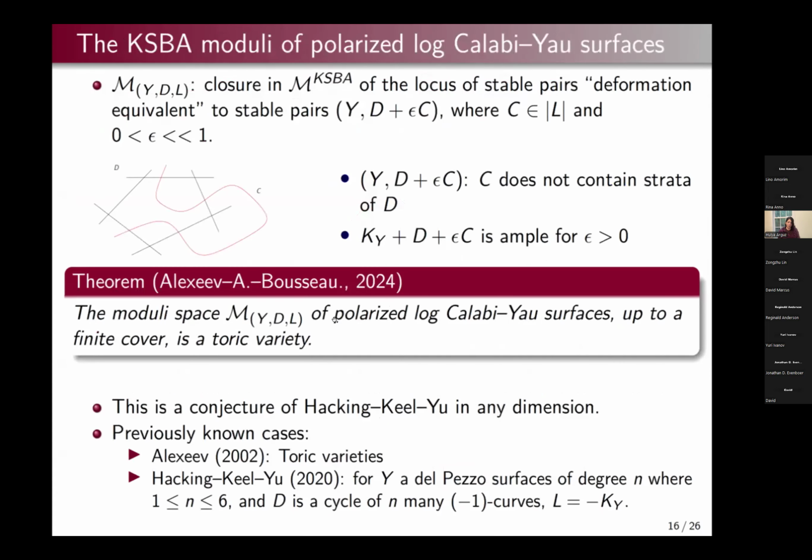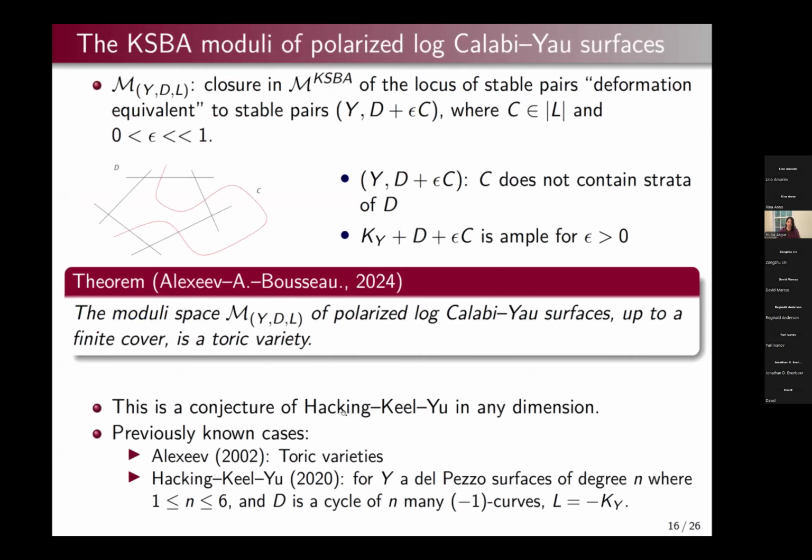So the moduli space for local Calabi–Yau surfaces, analogously to the toric setup, is defined as the locus of stable pairs which are deformation equivalent to (Y, D + εC) as before. And in our work with Valery Alexeev and Kollár, Shepherd-Barron, we show that this moduli space, up to a finite quotient, is still a toric variety.